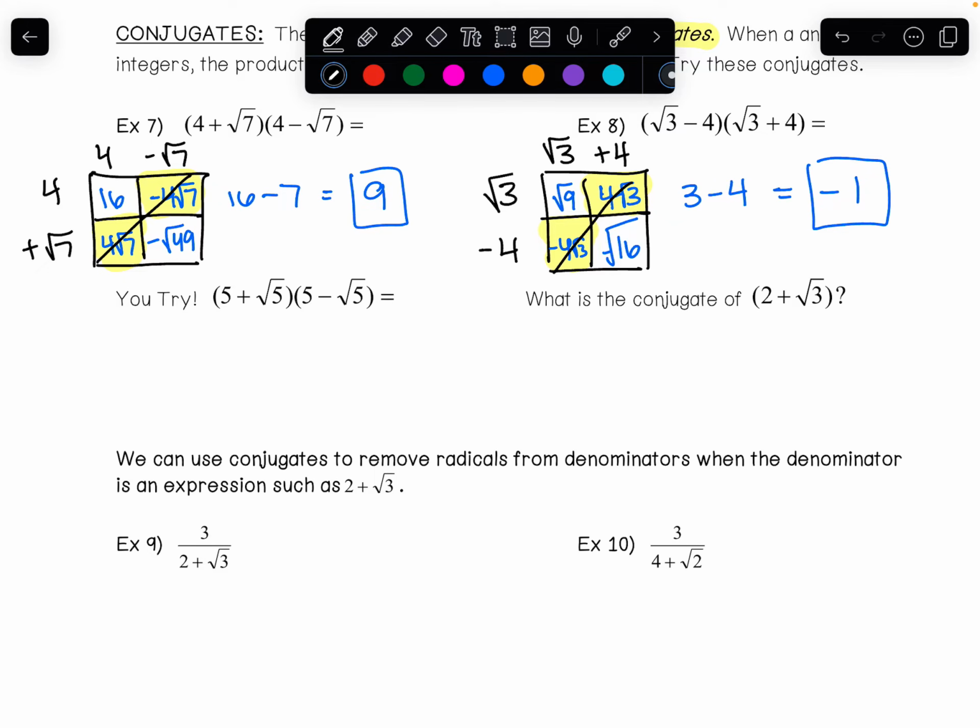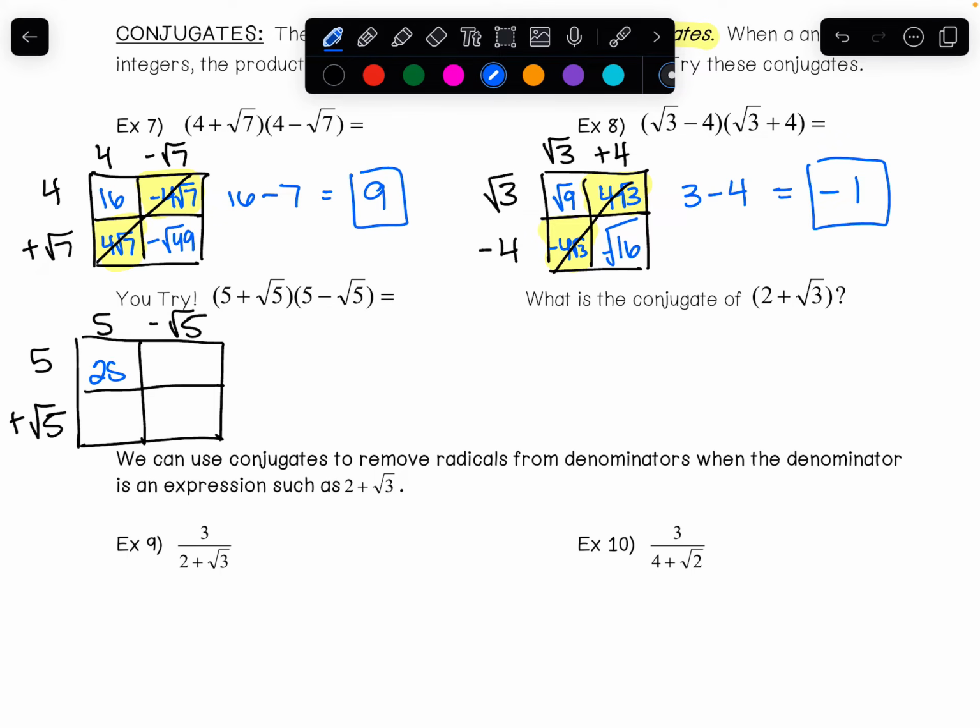On the next one, I'm going to do the same process. So I'm going to have 5 plus the square root of 5, and then 5 minus the square root of 5. So I'm going to have 25 minus 5 square roots of 5, 5 square roots of 5, and the square root of 5 times a negative square root of 5 is a negative square root of 25.